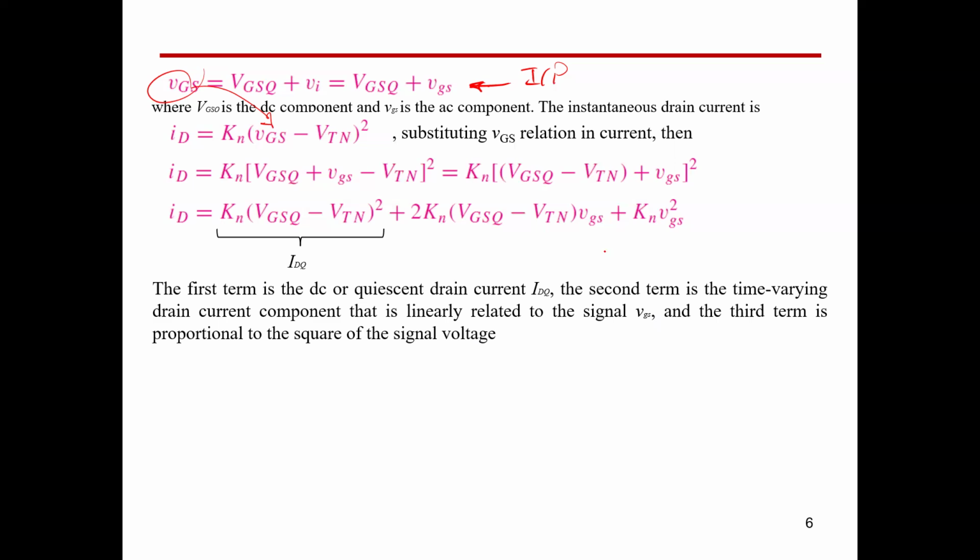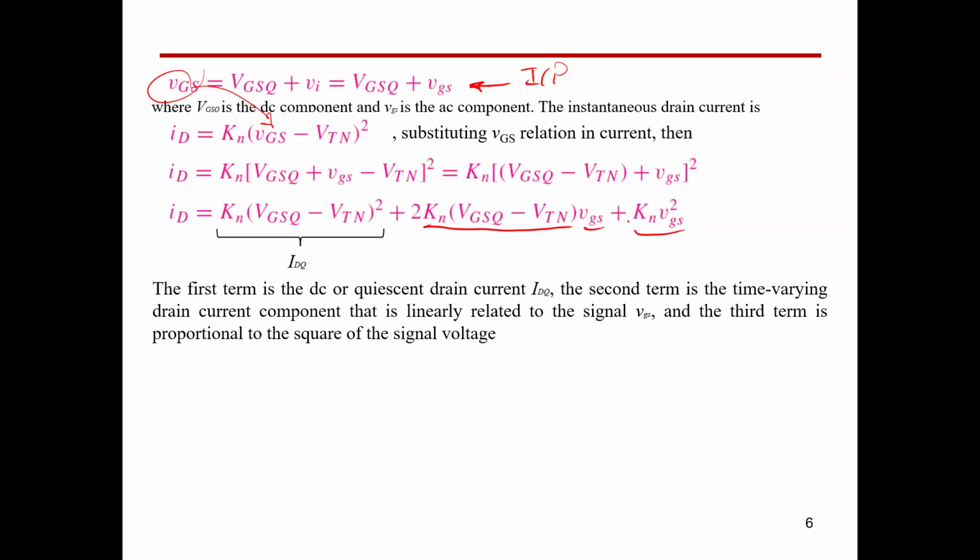What is the DC component here? The DC component is going to be this part here, it's completely DC: Kn times (VGSQ minus VTN) squared. And this is 2Kn times (VGSQ minus VTN) times vgs, which means it has DC times AC.